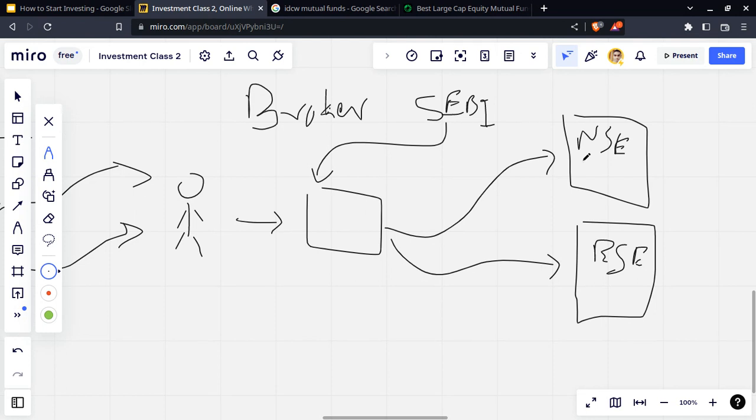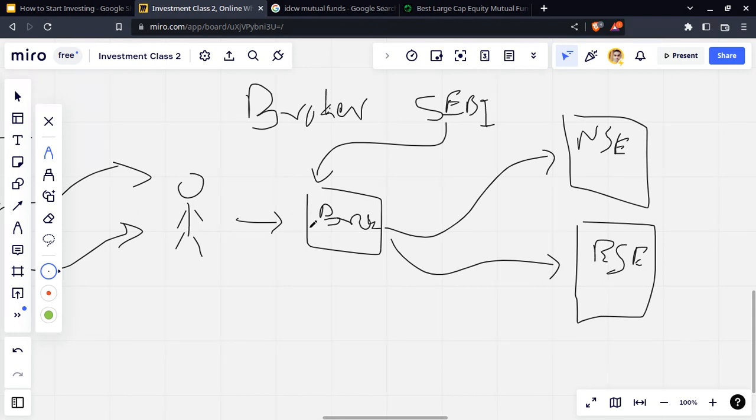If you want to directly invest in some company, you have to invest in them at the startup stage, while they are raising money from VCs or things like that. Otherwise, if it is available in secondary markets like NSE and BSE, you have to go through a broker. You cannot invest in them directly. This is the rule of SEBI.